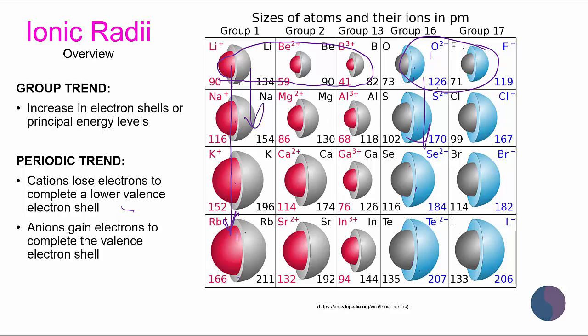So the group trend: the ionic radii increase as you go down because they have an extra full electron energy shell, or extra principal energy level, and across, the cations get smaller and the anions get larger. That's not enough. Let's do the deep dive.